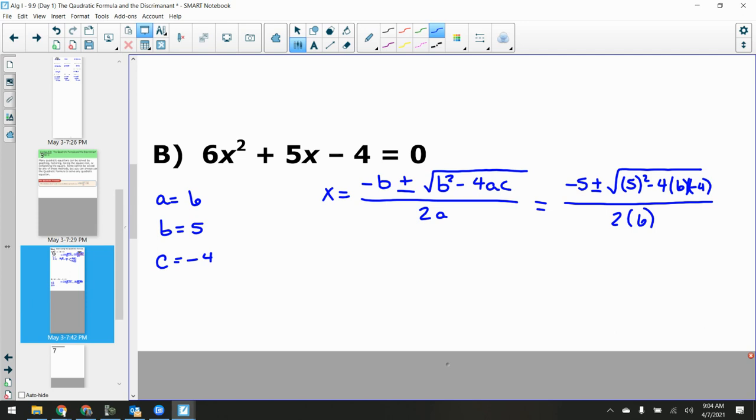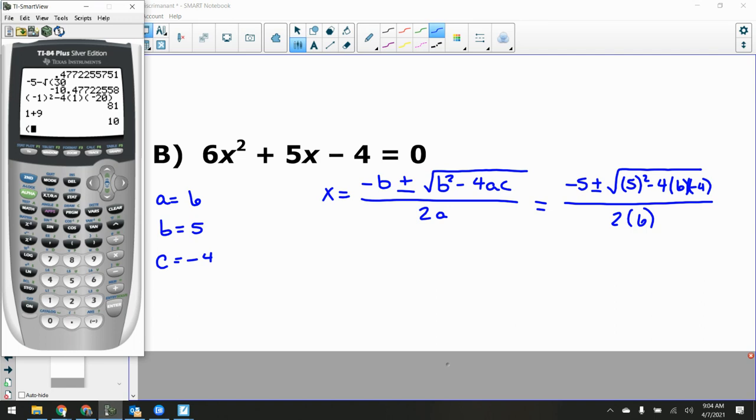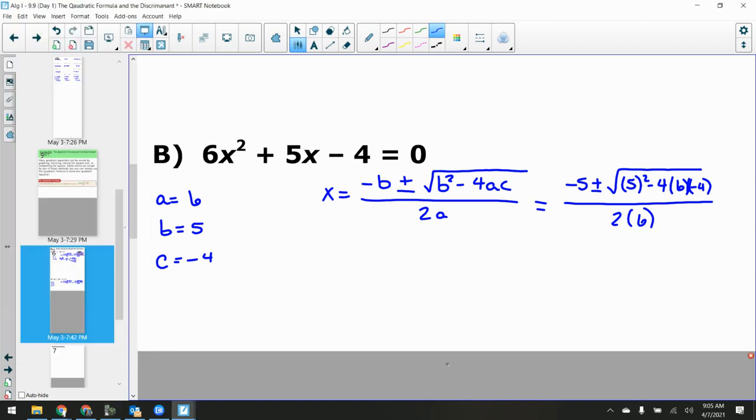Remember, order of operations says, go in the house, in the radical, in the square root symbol. So I take 5 squared minus 4 times 6 times negative 4. 121. x equals negative 5 plus or minus the square root of 121, all over, and then 2 times 6 is 12.